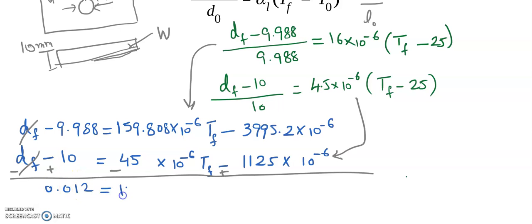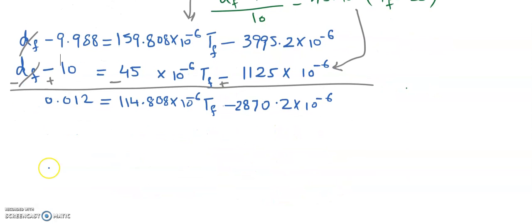This will be 114.808 into 10 to the power minus 6 TF, and this will be equal to minus 0.2. This will be 0.78287, and then also minus 6. So from here we can find the value of TF.